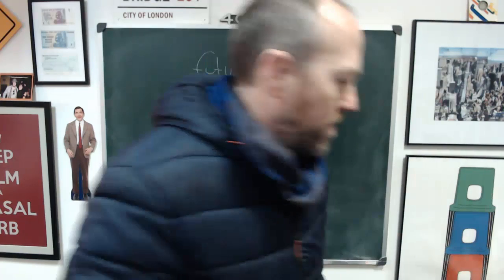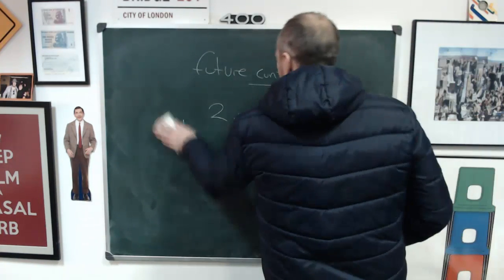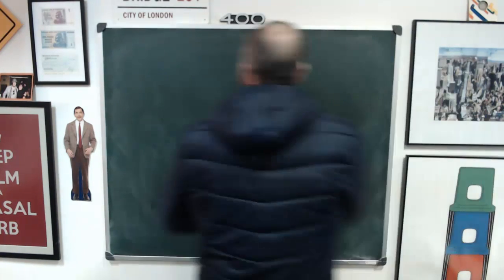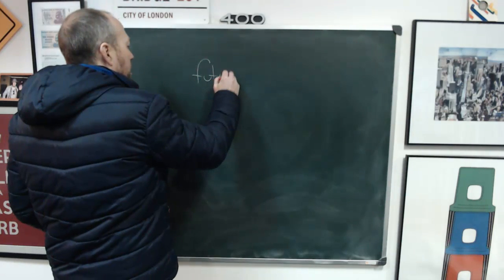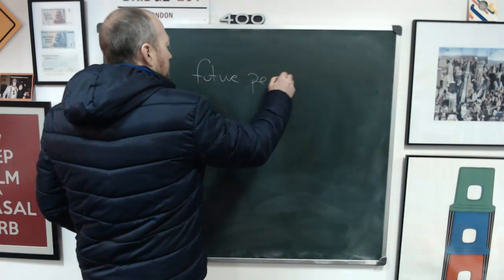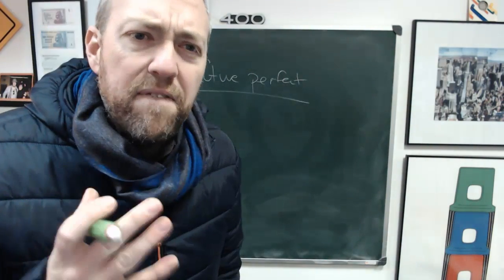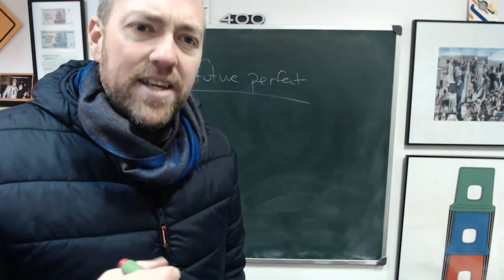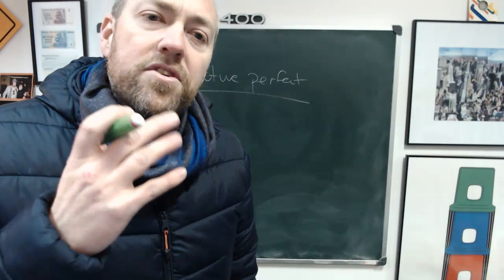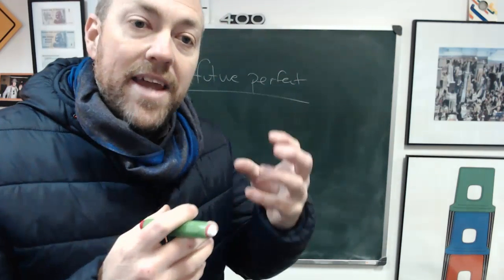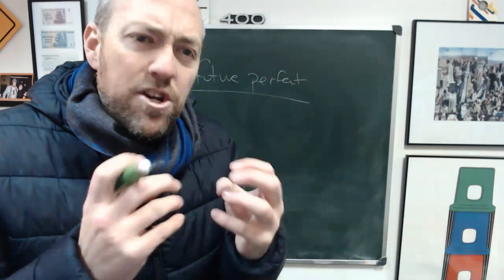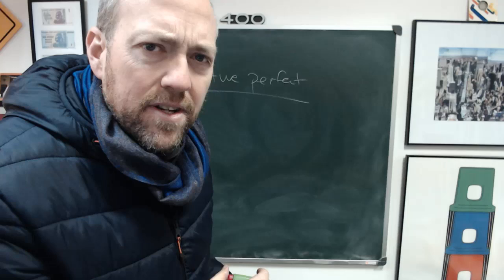But what about the future perfect? The perfect tense in English is to describe an action in relation to another action.